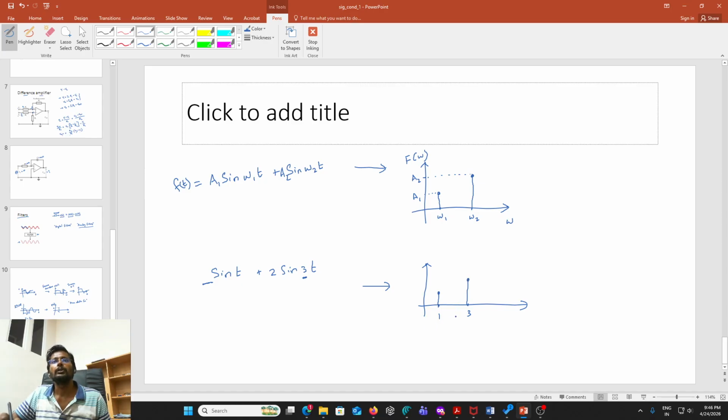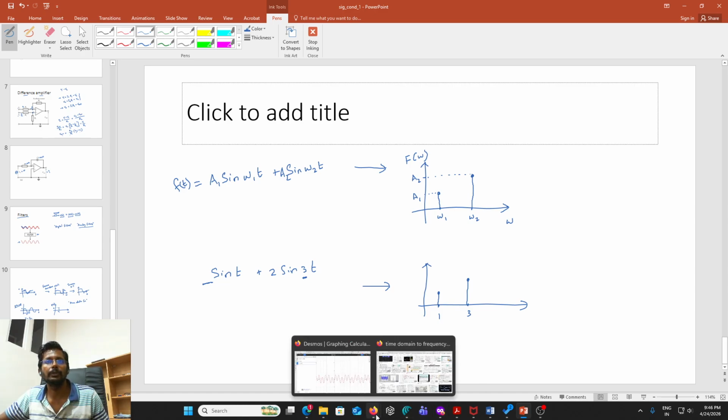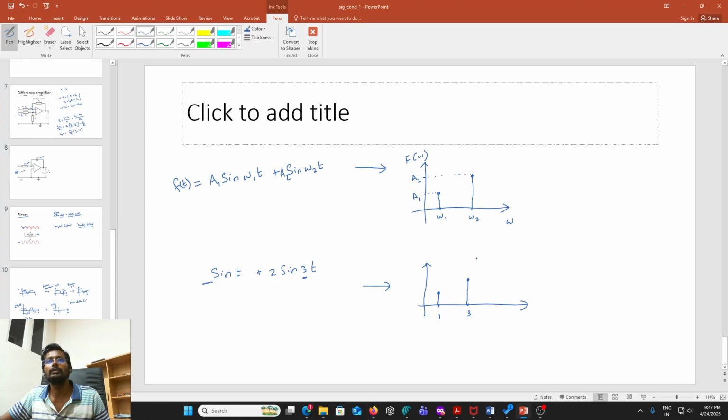So that's the signal corresponding to this signal. If we convert this signal into frequency domain, then this is what we will get.